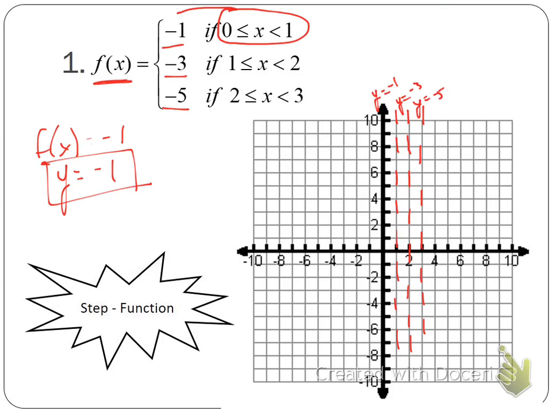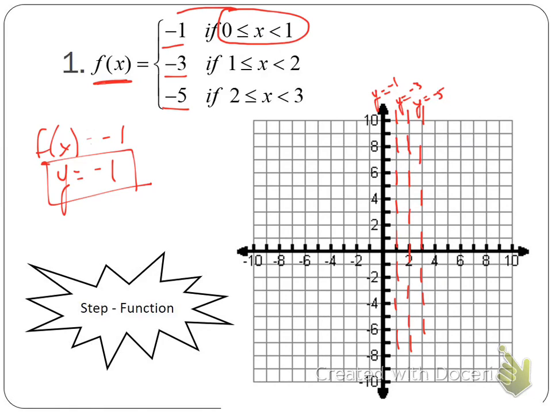Now all we have to do is graph the line and make sure that we're only showing the part of the graph that needs to fit into that section. So in other words, I'm going to graph y equals -1 first. And maybe the easiest way to do this at first is just go ahead and graph the whole line, and then we'll erase the parts that we don't want. So y equals -1. There's no x, that means there's no slope. These are just linear functions.